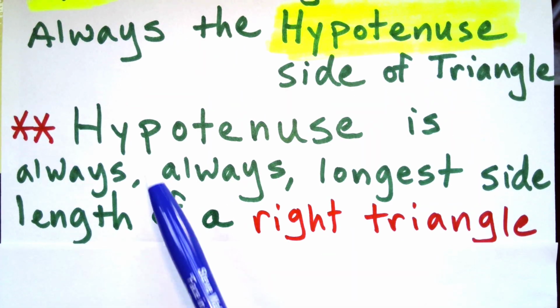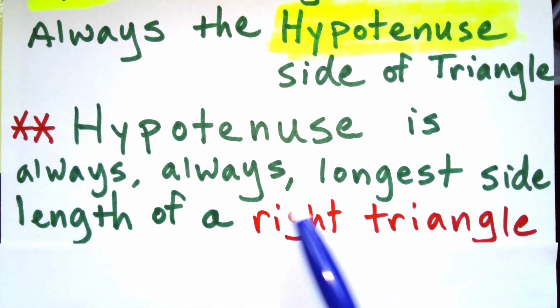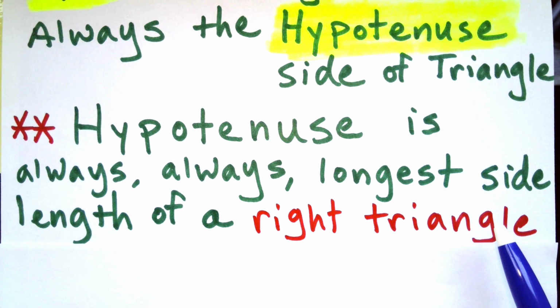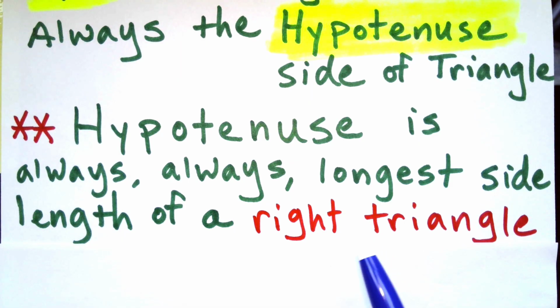Again, the hypotenuse is always the longest side length of your right triangle. So the longest side of a triangle, a right triangle, or any triangle, opposite that side is always the largest degree value of that triangle. Try to keep that in mind.